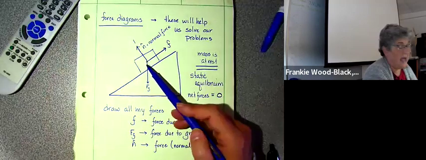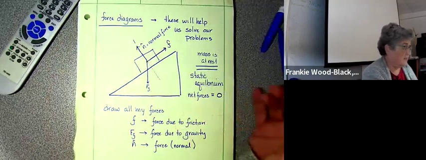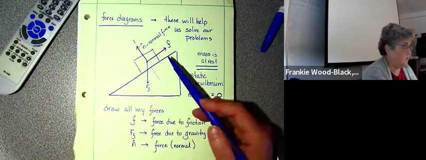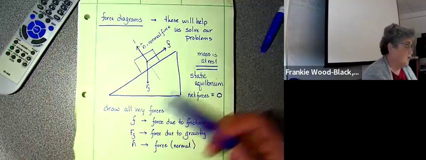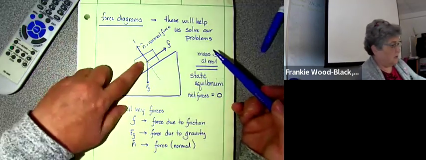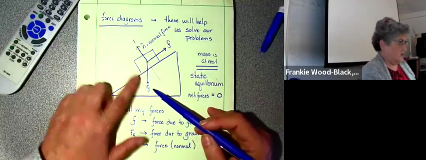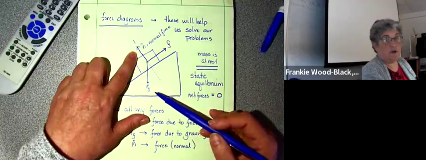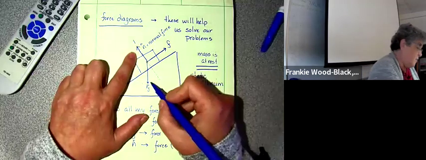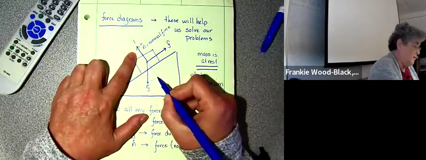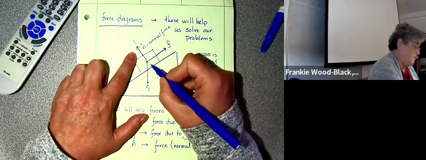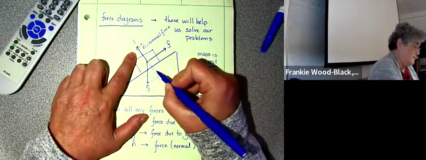Now, the problem that we have is that my forces aren't in the same coordinate system. So we're going to have to put our force due to gravity into a coordinate system that makes sense for our inclined plane. We're going to break this force out into its 2 components.